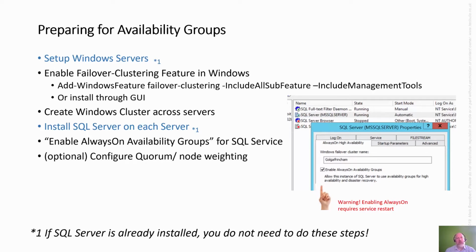But we have this concept in clustering called quorum, which means that we have this voting mechanism, which allows us to configure the cluster in such a way that every cluster node knows whether A, it belongs to the cluster, B, still belongs to the cluster, and C, which other servers currently belong to the cluster, because we could have an outage or a network connectivity problem between two servers, and both of those may need arbitration to understand, am I still part of the cluster and are these other servers part of the cluster? So this is really just what quorum is.